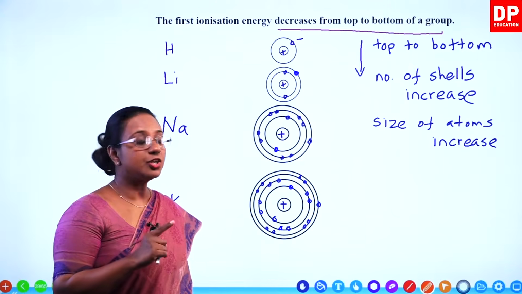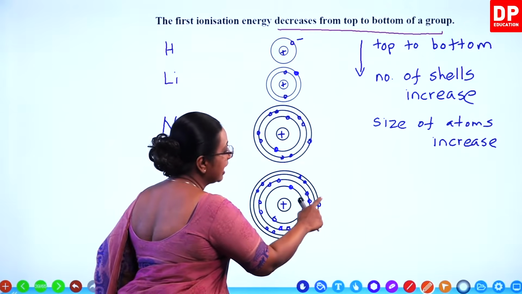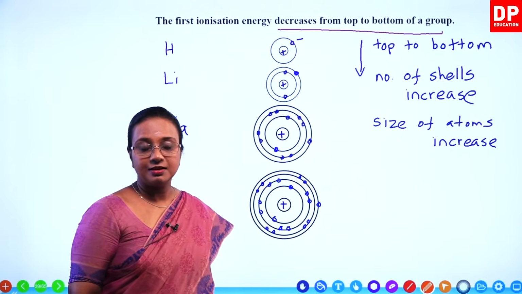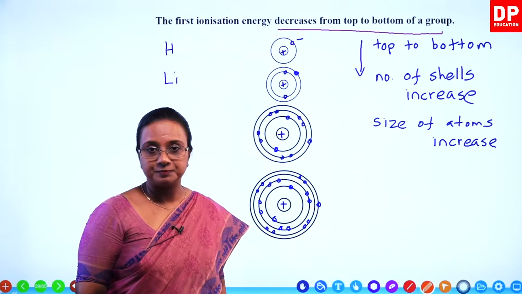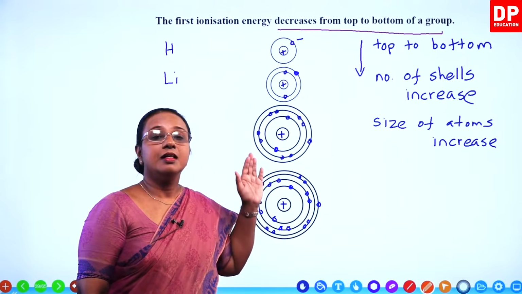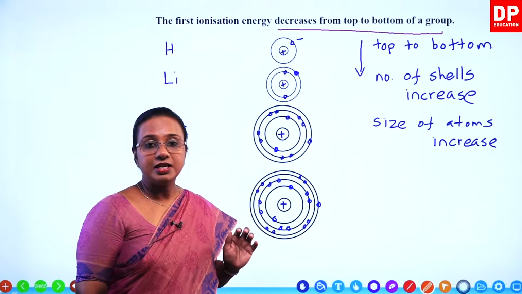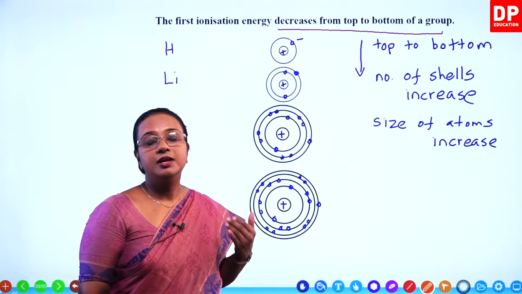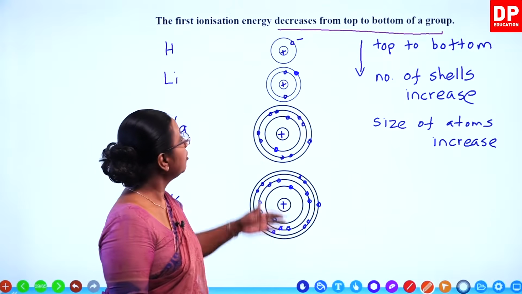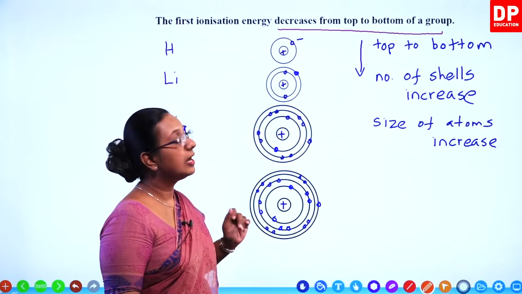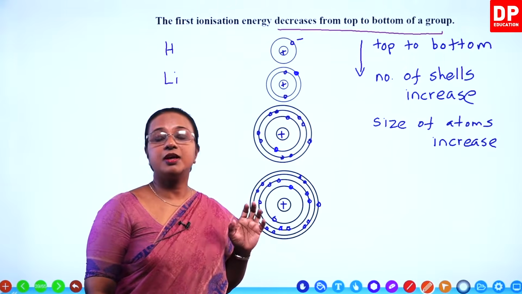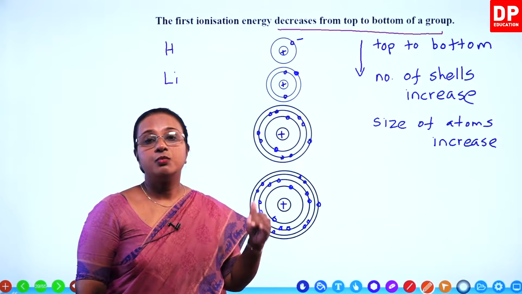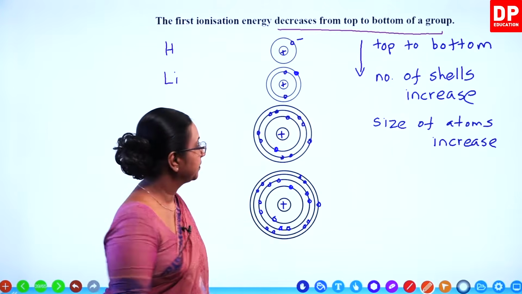Therefore, the attraction between the nucleus and the valence electron will decrease. And the energy that is needed to break this attraction will also decrease. Therefore, when you go down the group, the first ionization energy of elements will decrease.